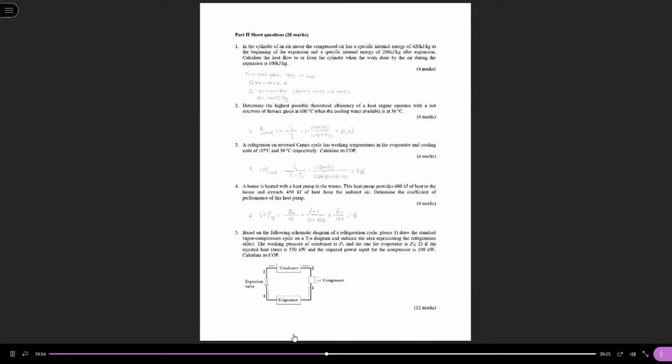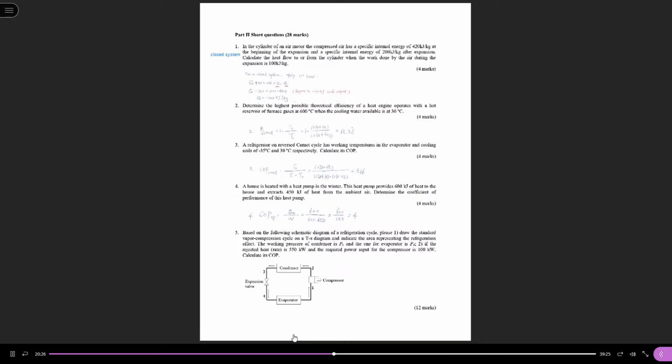Okay, now let's work on the short questions. For the first one, I think it is a closed system. Therefore, for a closed system, if we apply the first law equation, please remember it's always final minus initial.